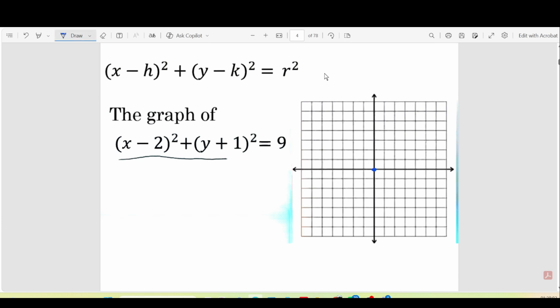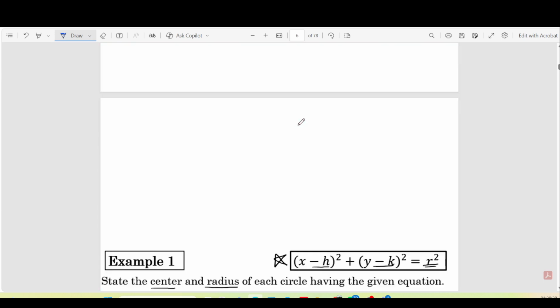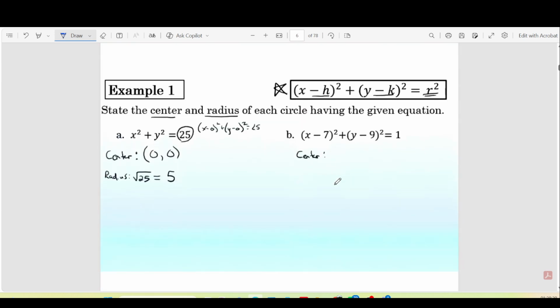And the radius is 5, so I'll go 5 units: 3, 4, 5 here, 3, 4, 5 here, and 3, 4, 5 here. If I connect all these points and draw a circle, this is the circle, and this is the equation: x² + y² = 25.